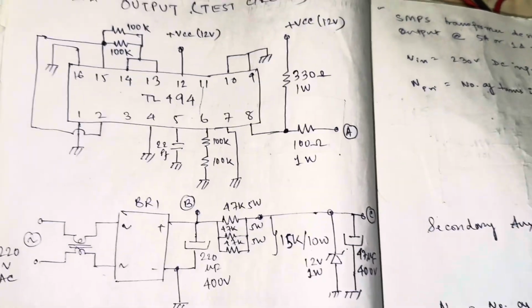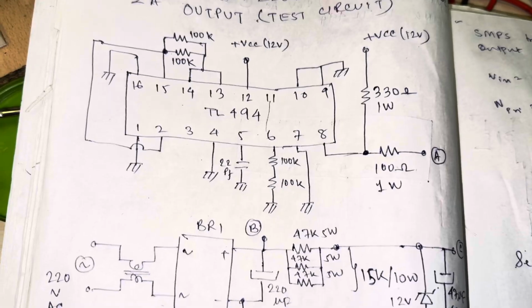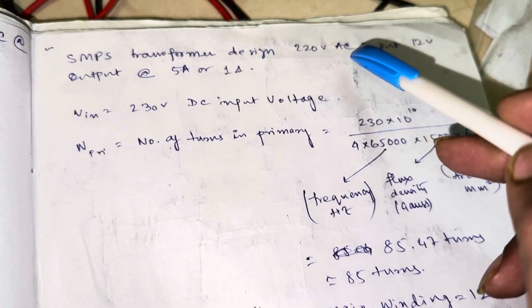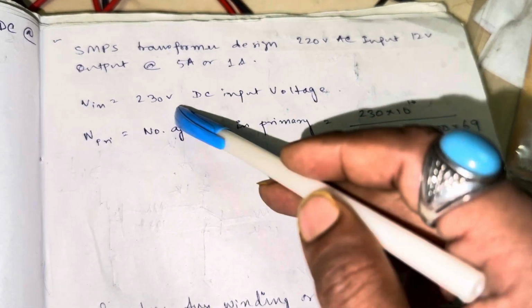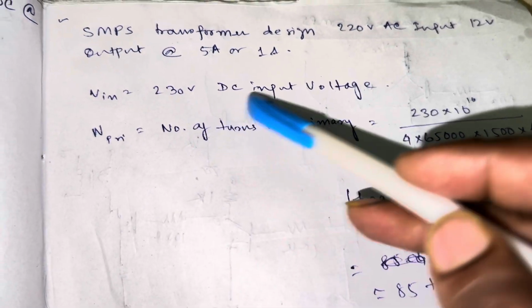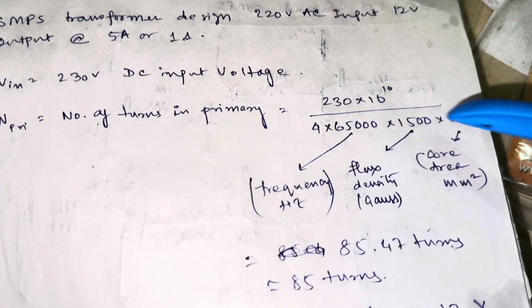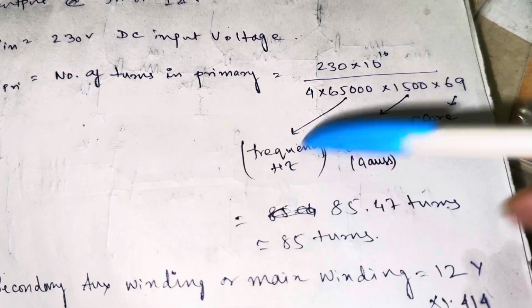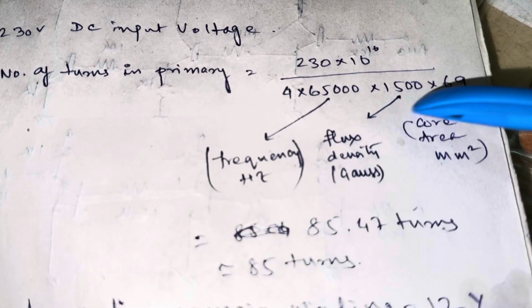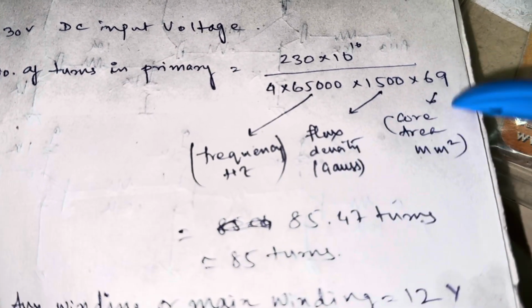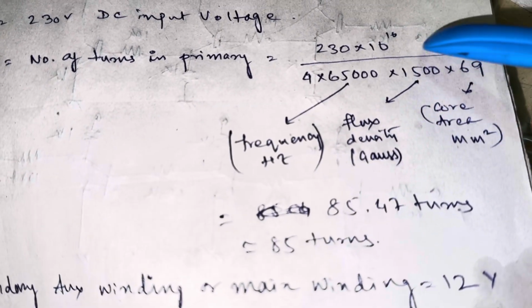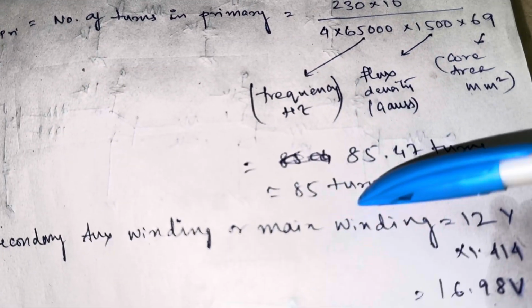I will demonstrate the entire circuit. Let me show the transformer design first. As you can see here, this is the transformer design. I am considering the input voltage as 230 volts DC. So this is the formula. I am having a frequency of 65 kHz, a flux density of 1500 Gauss, and the core area is 69 millimeter square. Upon calculating, it comes to 85 turns.